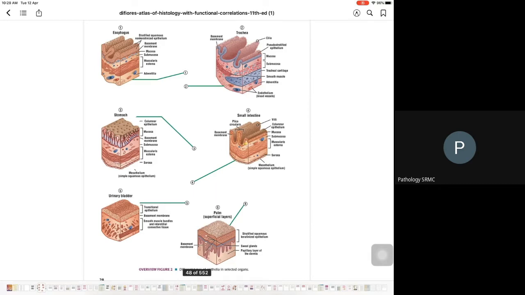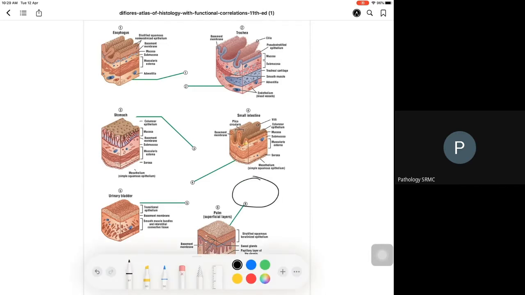Now, before going into the picture, I do want to draw a line diagram. This is the lumen and this is the wall. Even though it is very simple, let us see this portion of the wall now in this picture.